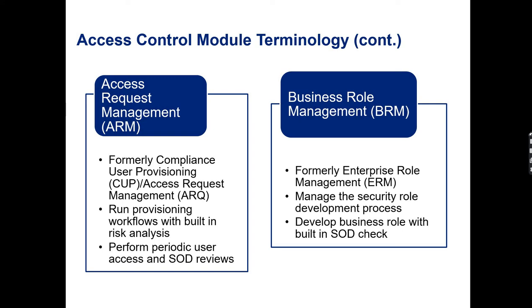For each different system, like ECC, there is a different naming convention, and for BW maybe a different naming convention. Those naming conventions we can define in the BRM module, and also the role creation process, and before creating a role we can check the SOD risk also. So these things we do in business role management.